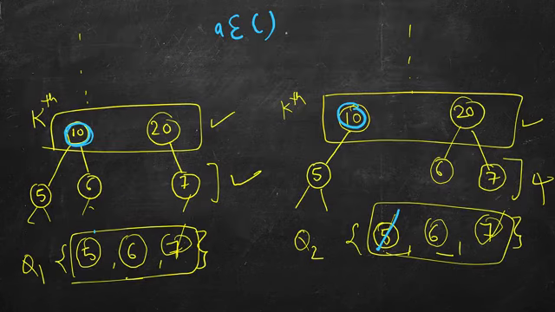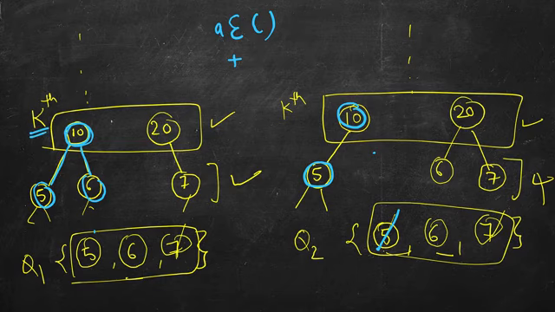And apart from that, we have to check one more thing: that its left child is also equal to the other's left child and its right child is also equal to the other's right child. So if 10 and 20 are in the queue, before processing the kth level, we would pop 10 from both of these. We pop 10 from the first queue, 10 from the second queue. They are equal, this will return true.